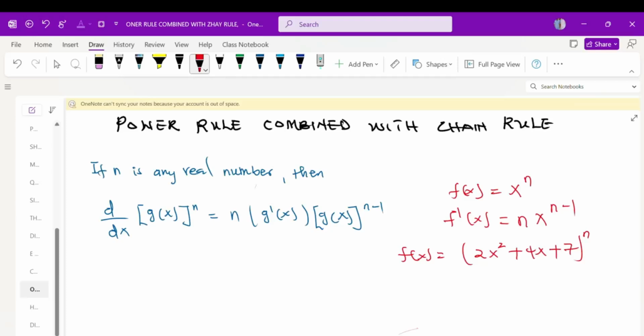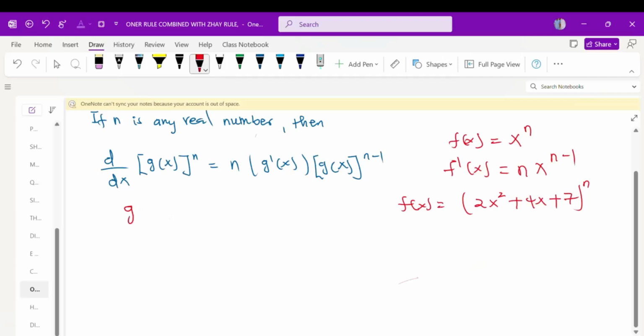What this is saying is that when you're given a function, say g of x exponent n, when you're asked to differentiate this function, first of all, you bring the power n in front, then you differentiate the inner function, which is g prime of x.